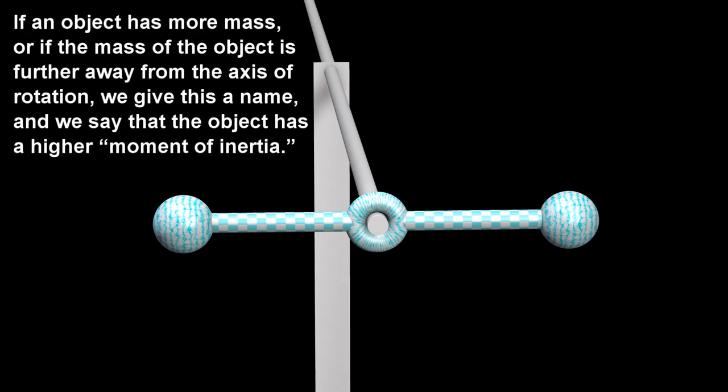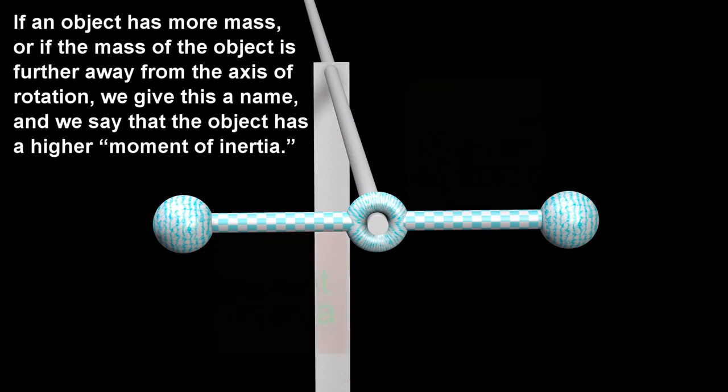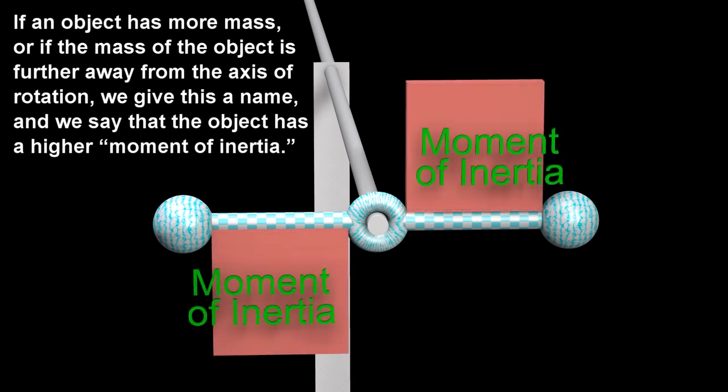If an object has more mass, or if the mass of the object is further away from the axis of rotation, we give this a name, and we say that the object has a higher moment of inertia.